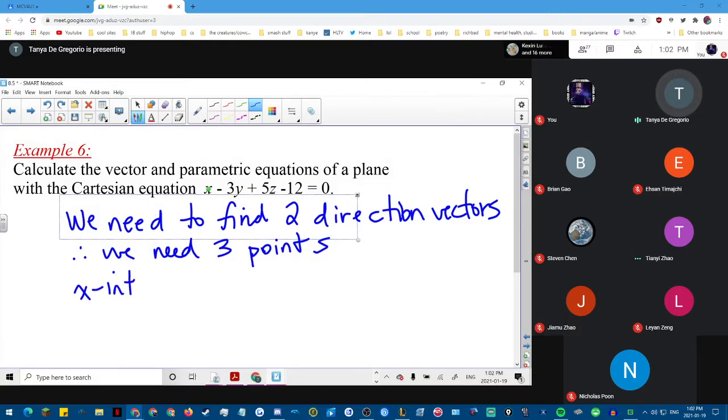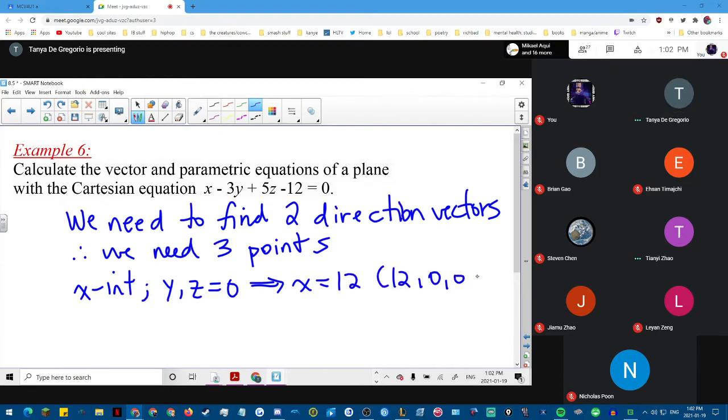So to find the x-intercept, that means I'm going to let y and z equal 0. And so x is equal to, nice and easy, just look at it, x has to equal 12. So I have a point. Okay, let's find the y-intercept now. So that means x and z have to equal 0. So if x and z are 0, then I have negative 3y equals 12.